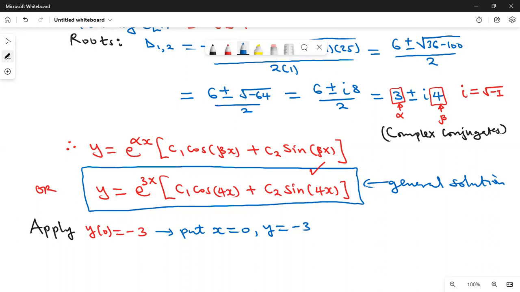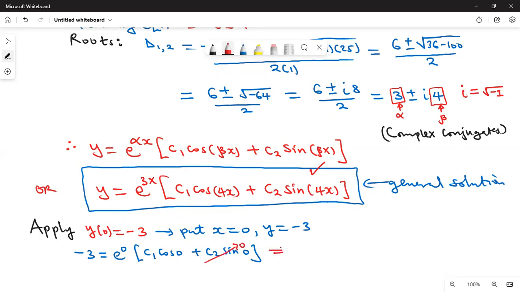So what are we going to get? It will be -3 is equal to exponential 0 times c1 cos 0 plus c2 sine 0. And you know sine 0 is 0, so this one will vanish. Anything raised to 0 is 1.